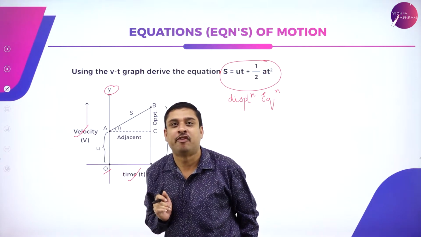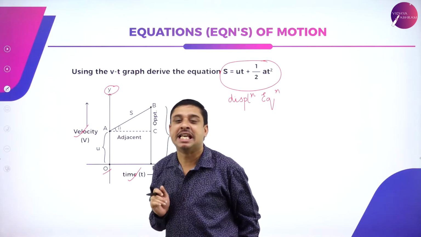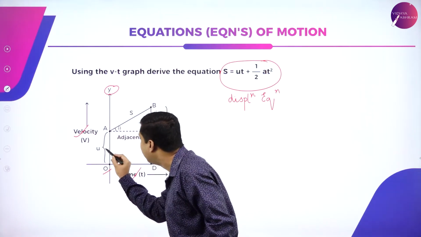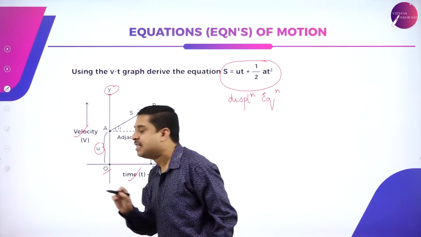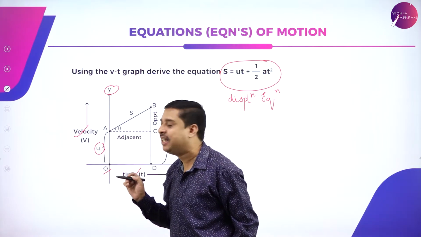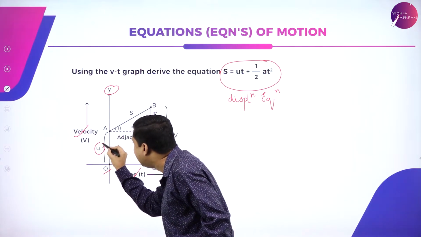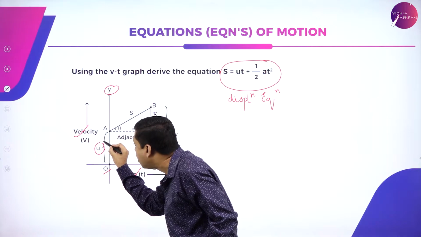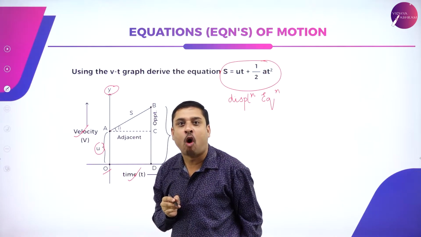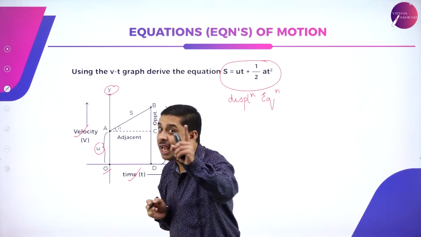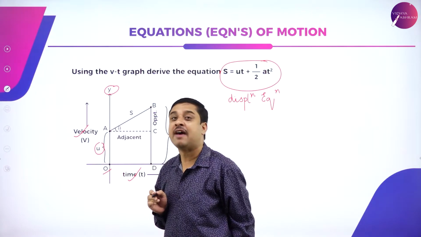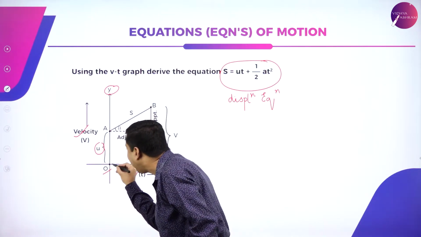A very beautiful term, initial velocity. Therefore, now the body starts moving with some initial velocity u and reaches the point A. Earlier it was at rest, so where was its position? At the origin.